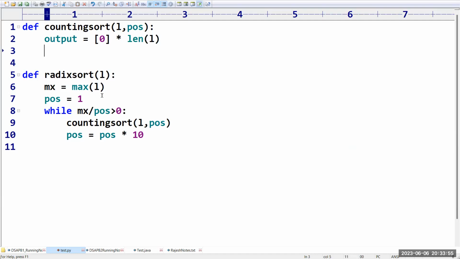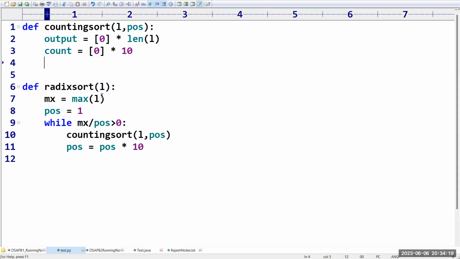If your list has length 5, we create an output array with 5 elements. After that, we create one count array. Count is equal to 0 into 10, because in counting sort we have exactly 10 digits, 0 to 9.